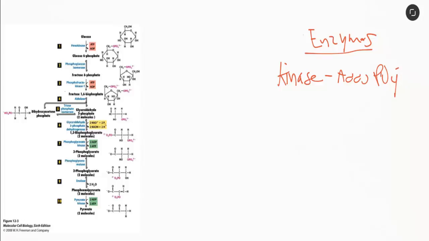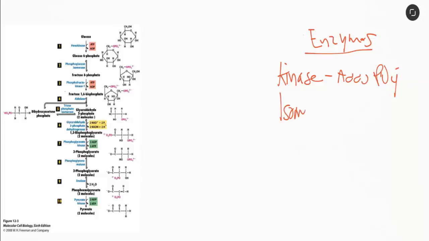So whenever you see a phosphate being added, you know it's going to be a kinase enzyme. If you could remember, which for me is the easiest thing, is to memorize the enzymes, and then we learn the actual intermediates later. Because that way, if you know the names of the enzymes, you know what's happening to each step. It helps make more sense of it. So kinases add a phosphate.